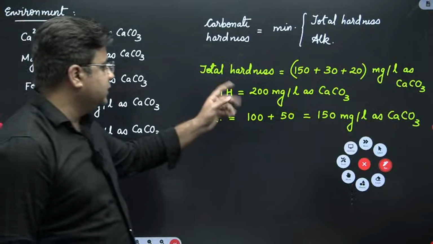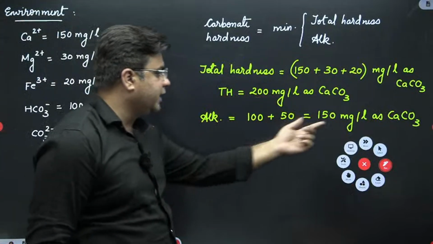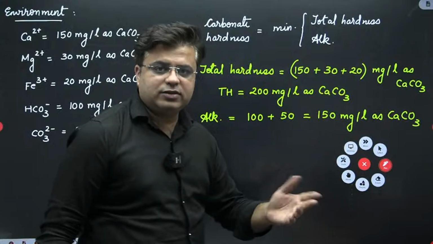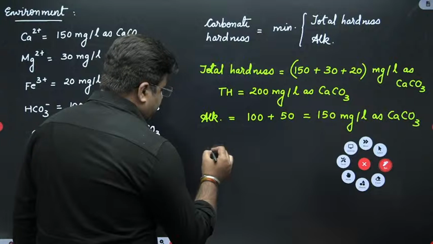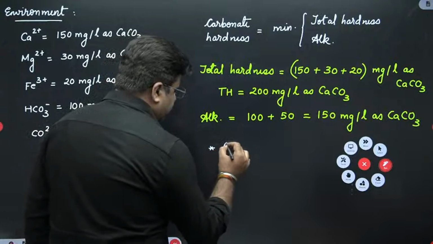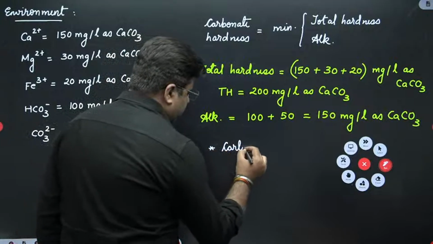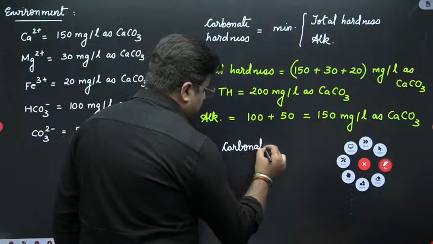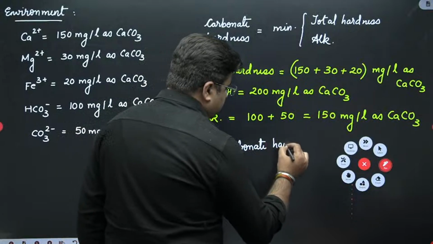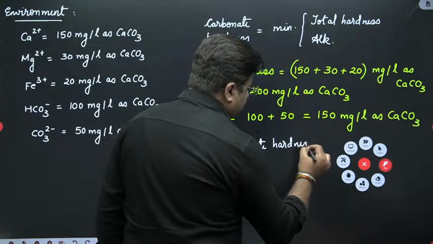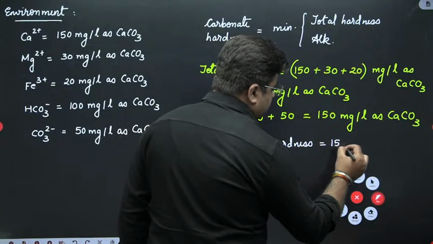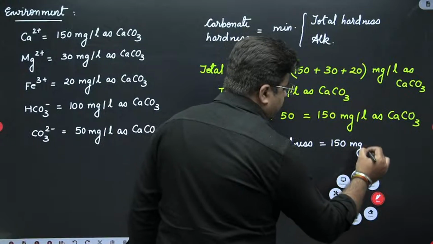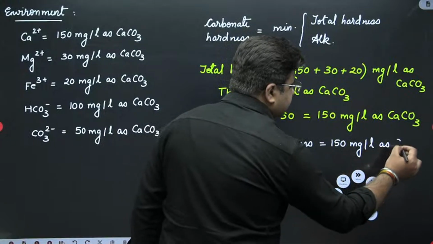You can clearly see total hardness is 200, alkalinity is 150, so carbonate hardness will be equal to 150. So from here you can report carbonate hardness is 150 milligram per liter as CaCO3.